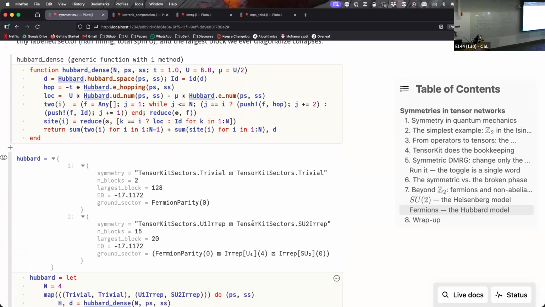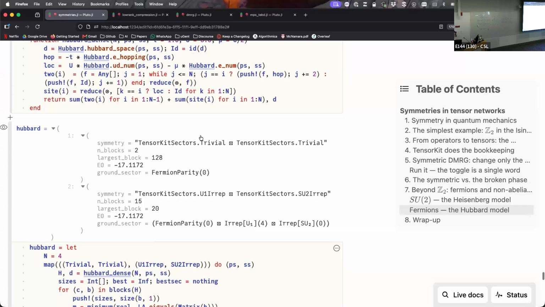Instead, I can also impose particle number symmetry and spin symmetry. And then instead I get 15 blocks where the largest block is only of size 20. And so effectively, if I now need to do any computations, instead of working with these 128 sized matrices, I can work with matrices of size 20.